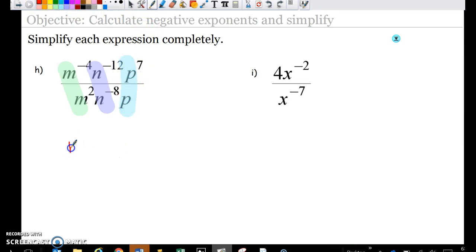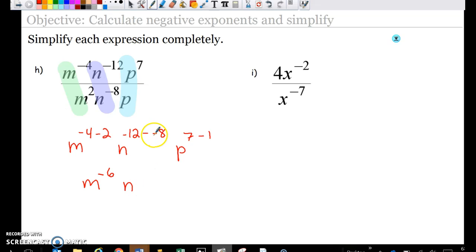So if I look at this, it would be m to the negative 4 minus 2. I'd have n to the negative 12 minus a negative 8. And I'd have p to the 7 minus 1. So I have m to the negative 6, n.